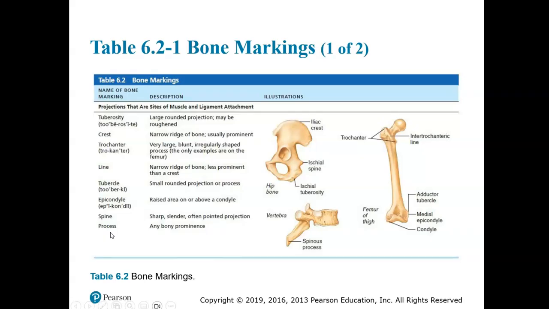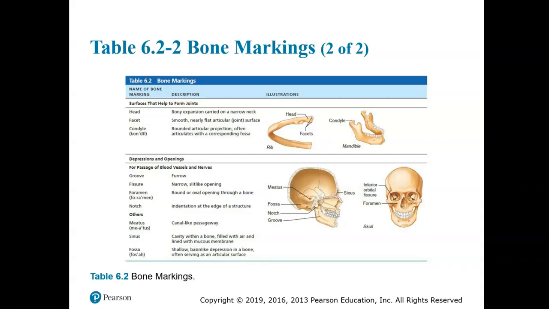But basically, you don't have to know very many of these. Just know that these names, tuberosity, trochanter, tubercle, spine, process, any of these are going to be attachment sites for muscles and ligaments and tendons.